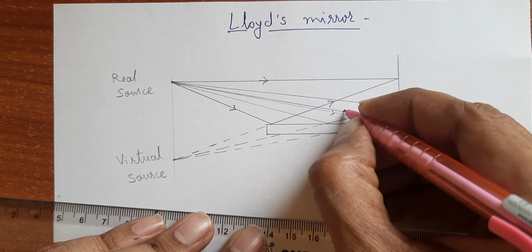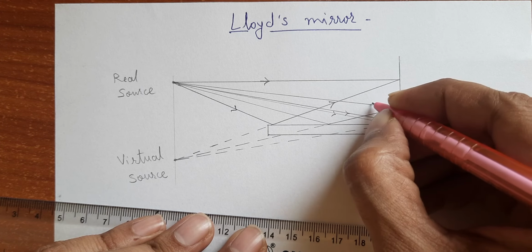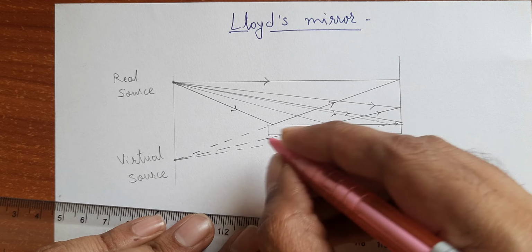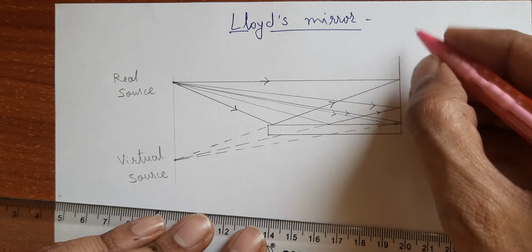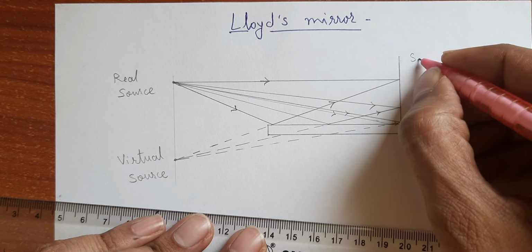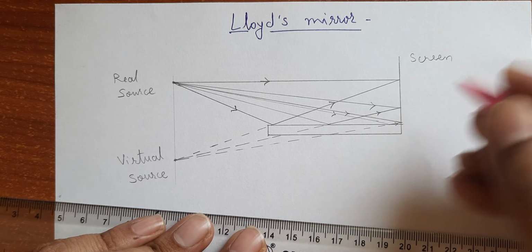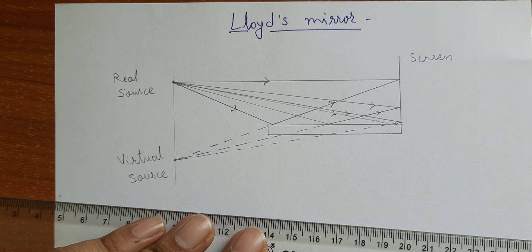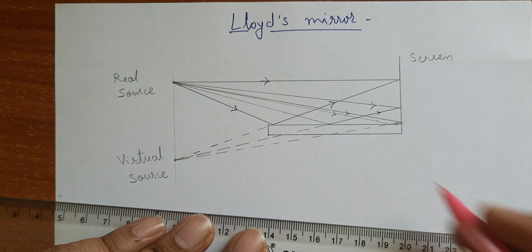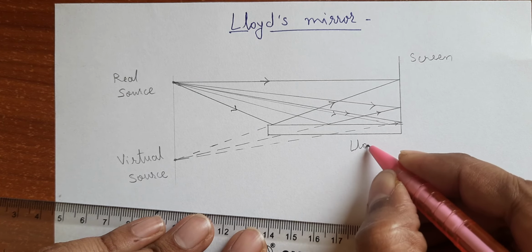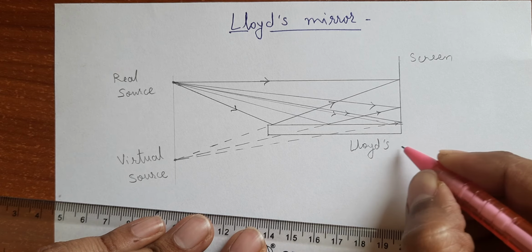So these are direct and reflected rays. So this is our screen, and you will get the interference pattern on the screen. This is our Lloyd's mirror.